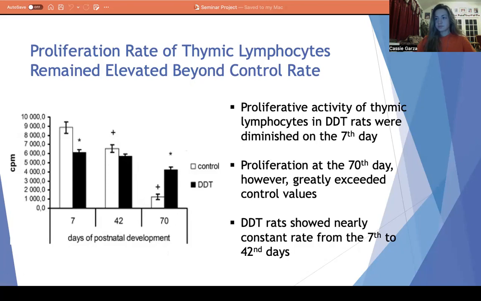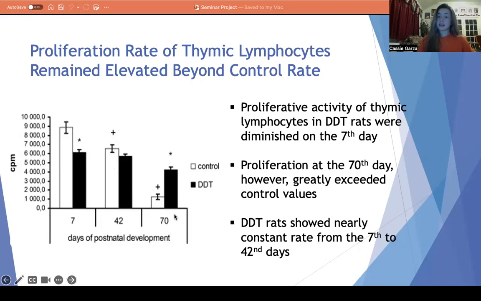So the results show that the proliferation of thymic lymphocytes in DDT exposed rats showed barely any decrease from the neonatal to the adulthood, like I said. And the implications of this, well, you can kind of see. So I want to discuss why the control would decrease like that.